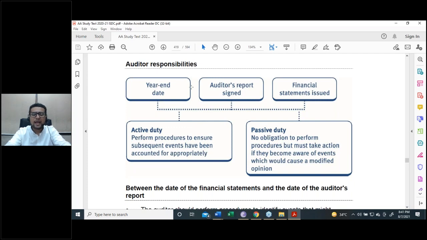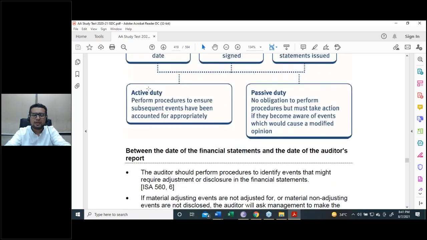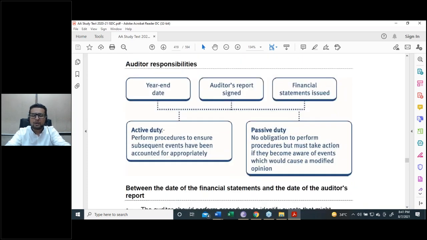The auditor has got a responsibility, a duty of two types. Number one, active duty. Number two, passive duty. The active duty of the auditor is that the auditor must perform procedures in order to identify subsequent events which either require adjustment or disclosure, from the year end date, that is the financial statement date, up to the point the audit report has been signed.